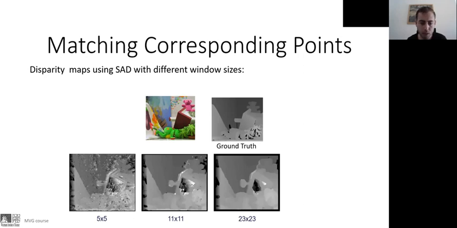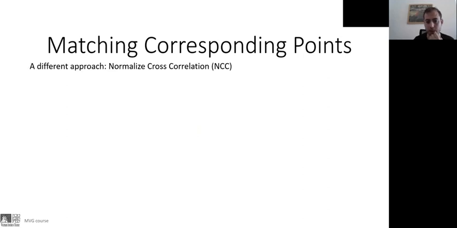Okay, so my question is, if I have 2 pixels with the same SAD, how do I choose which of them is my disparity? Yeah, that we will see next. That's a very important topic that we will discuss a lot today. Usually it's not so well defined, but let's continue.